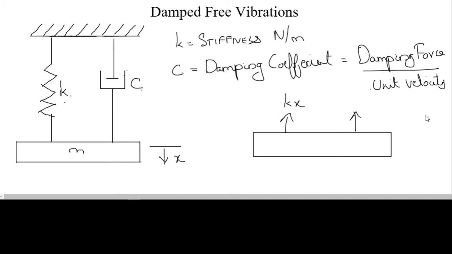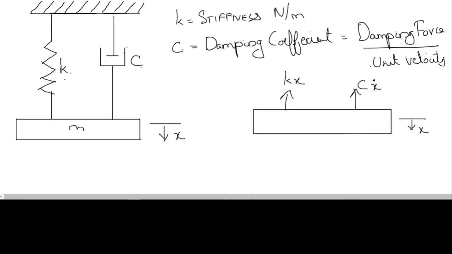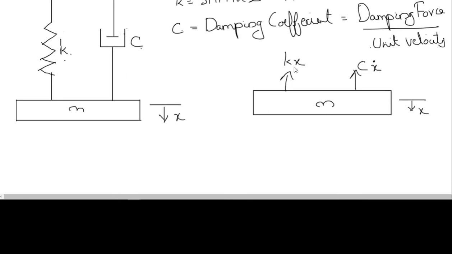So if displacement is given as x, then velocity will be the first derivative of displacement x, that we represent as x dot. So damping force will be C x dot. So this is a free body diagram of the mass. There will be a spring force K times displacement, and there will be a damping force, that is damping coefficient times velocity.